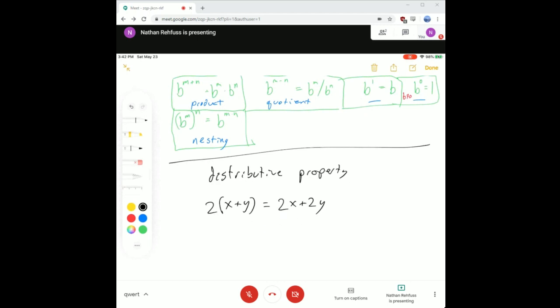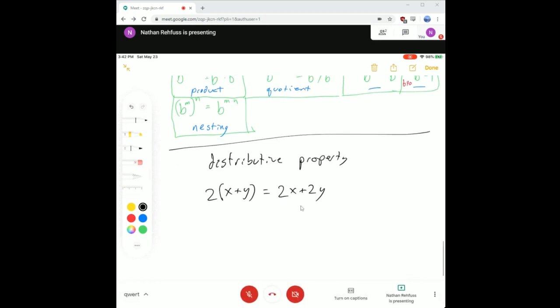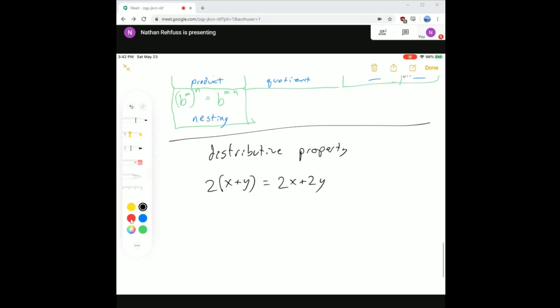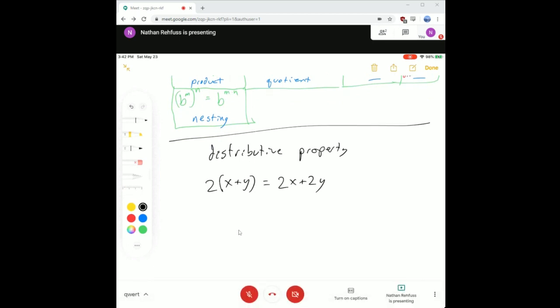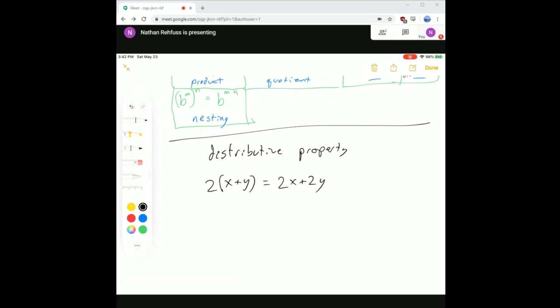That's because when I write 2 copies of x plus y, multiplication by 2 is shorthand for addition twice. So 2 times x plus y is shorthand for x plus y plus x plus y. Which means that we have 2 copies of x and 2 copies of y.